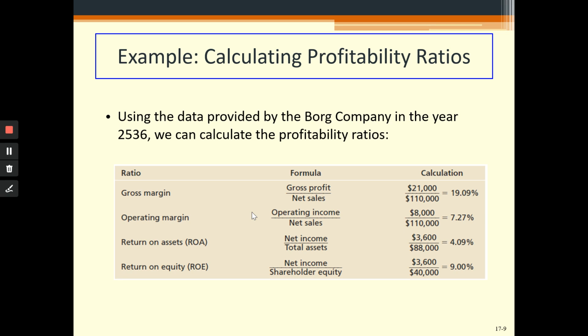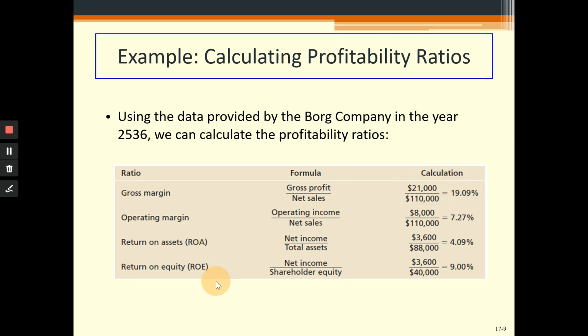The operating margin is 8,000 out of 110,000, meaning from each dollar of net sales, the company is saving 7.27 cents, and from this they still have to pay the taxes and the interest expense. And the interpretation of the gross margin: from each dollar they are saving 19.09 cents, so the rest, about 80.91 cents, has gone in the shape of cost of goods sold.